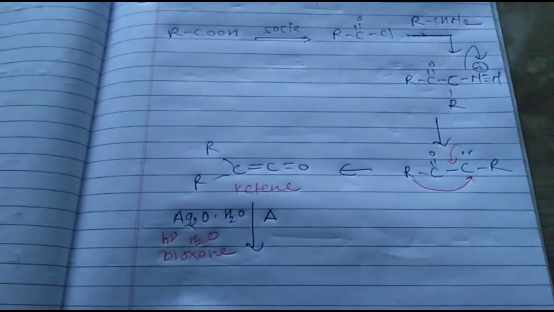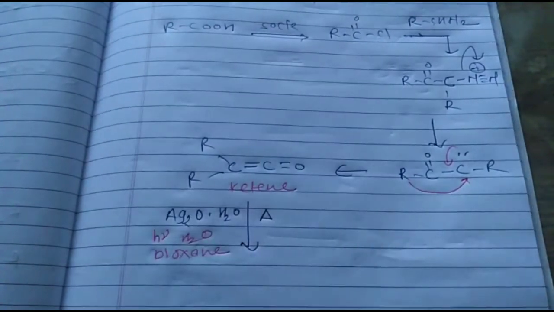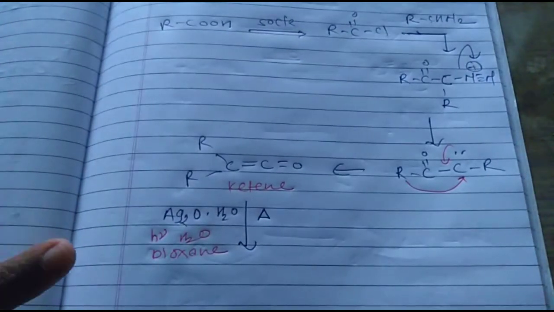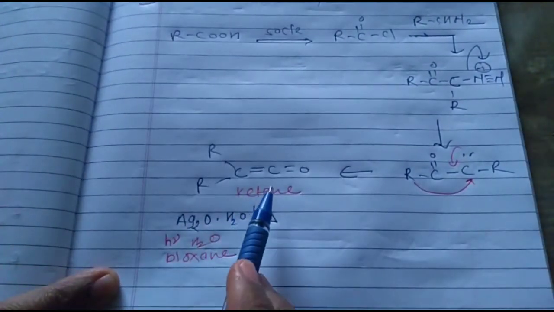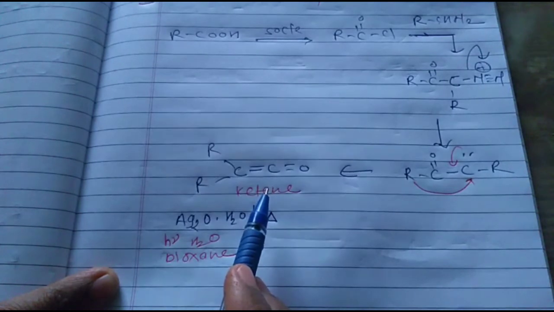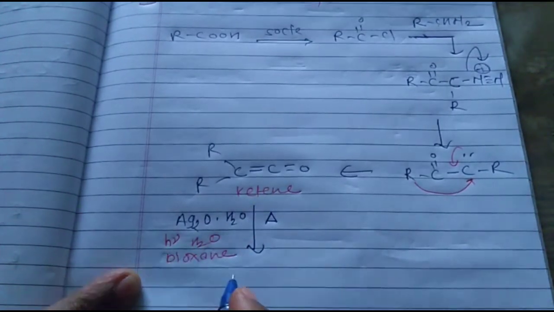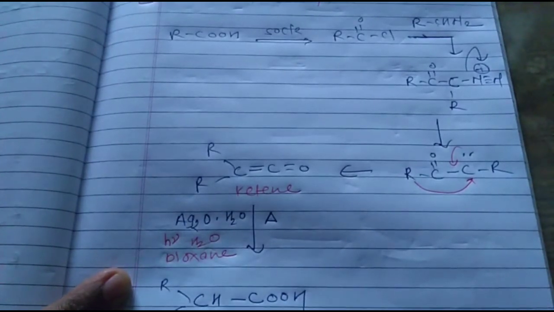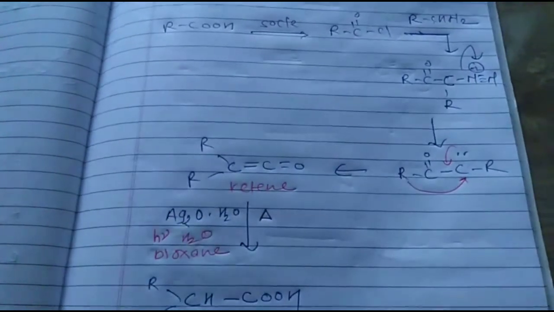Then this ketene gets converted to a product, R R C H C double bond O H. A more substituted acid is formed in this reaction.